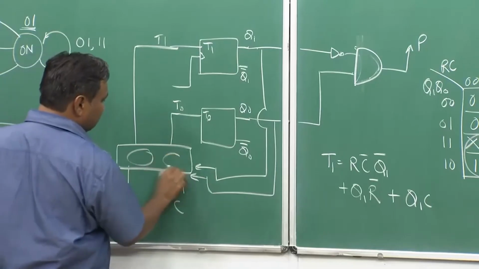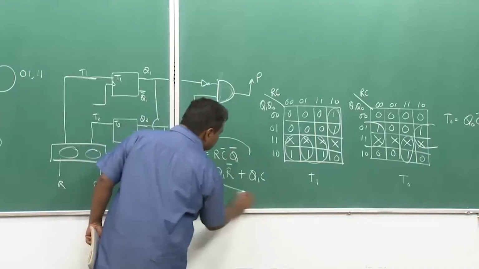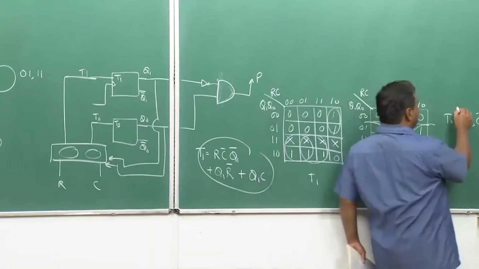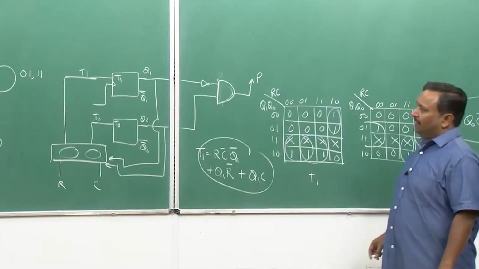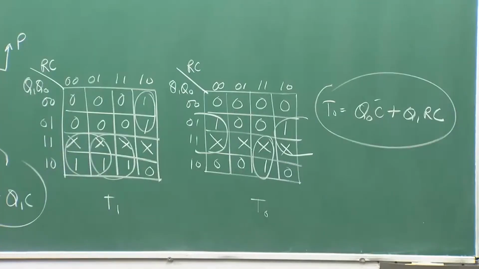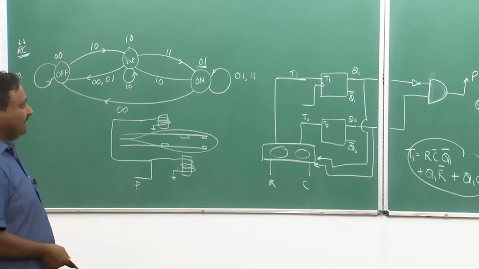So, these 2 logics will be implemented in this box, and you have got your controller for a cross point. Okay, and that is how your crossbar is going to be implemented.